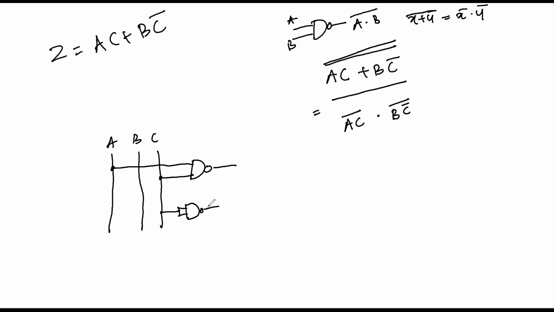Now I'm getting a C bar. Now this is C bar and B. So we need B. So we get a B here. Put another NAND gate. Now from here we will get AC bar. From here we will get BC bar. So both of them we can put into another NAND gate. So this is called set.